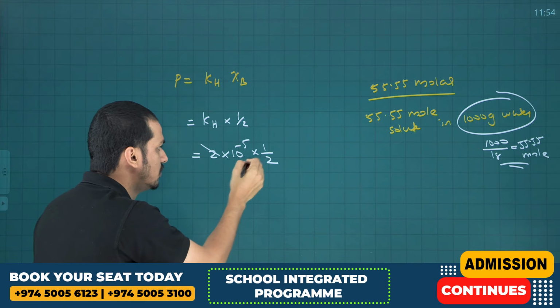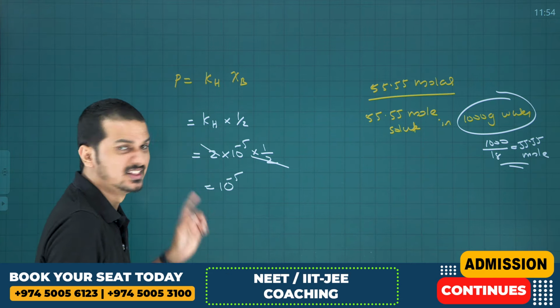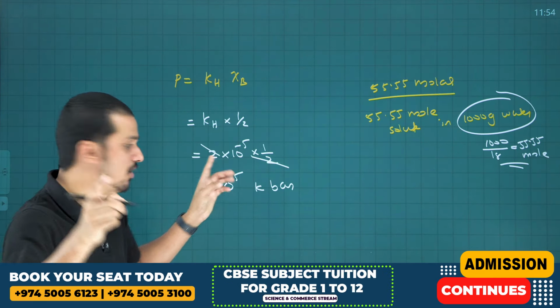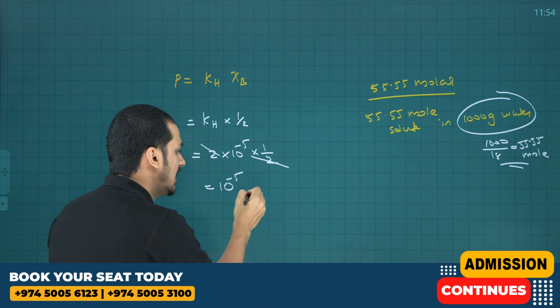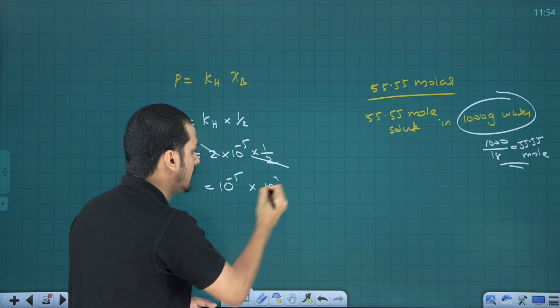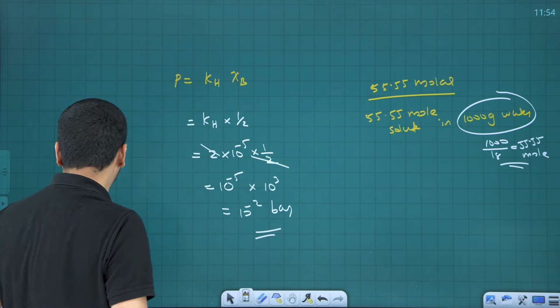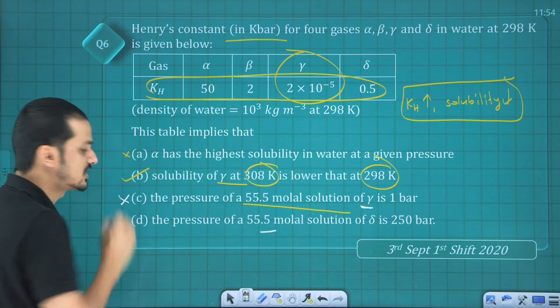The 2 will get cancelled, then 10 raised to minus 5 will come. KH value is given in kilobar, so we have to change that kilo, which is into 10 raised to 3. So 10 raised to minus 2 bar is the answer for pressure. But they are telling 1 bar. So that statement is wrong.